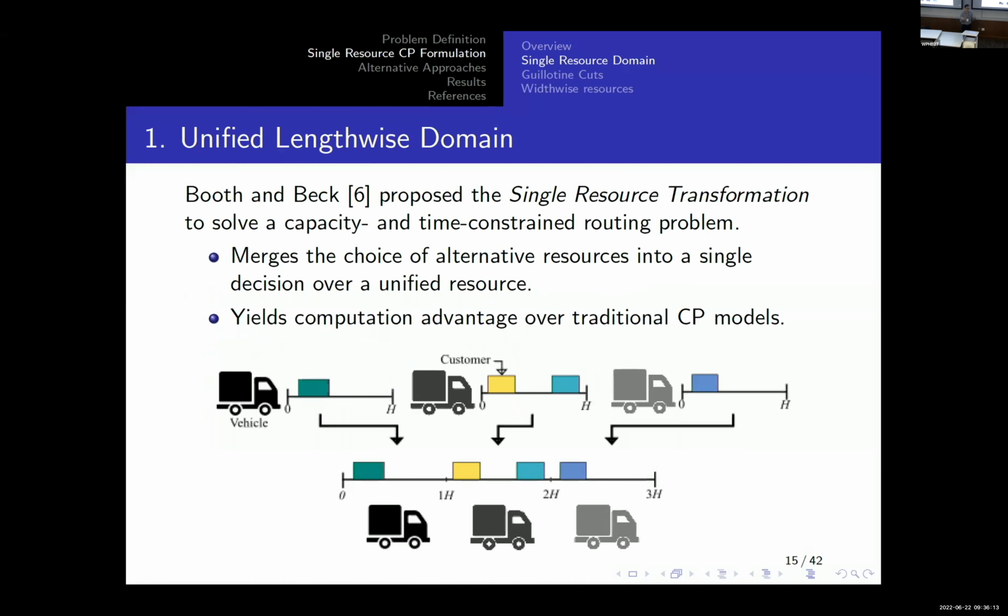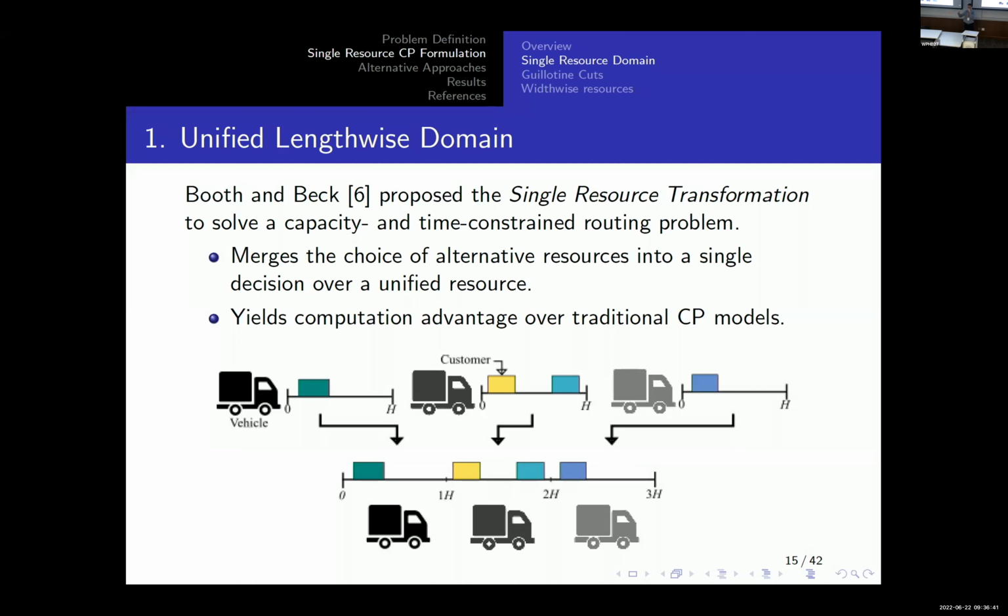The single resource transformation is a recently proposed CP scheduling technique, where in the original paper they solved a capacity and time constrained routing problem. The transformation is essentially this: when you have a vehicle routing problem, you have vehicles and routes, and each route is a different vehicle. The transformation just merges all these resources together.